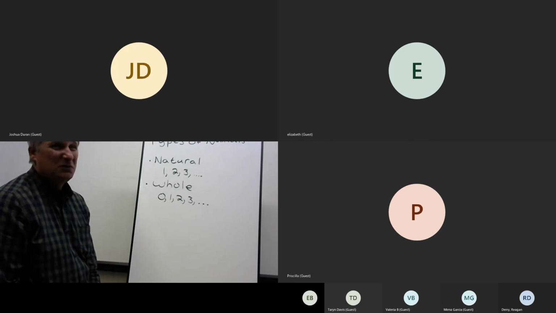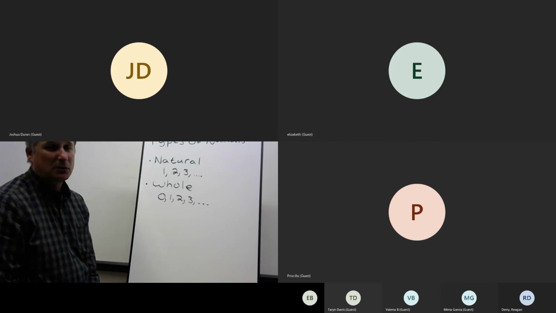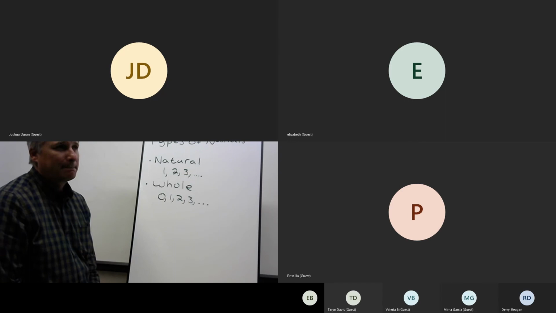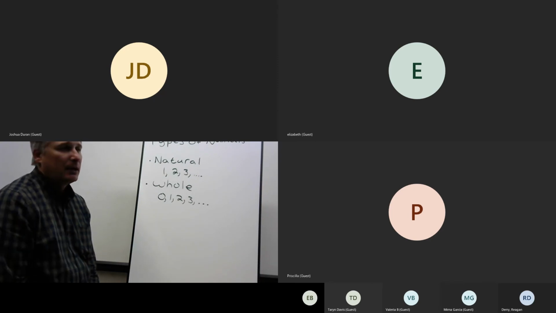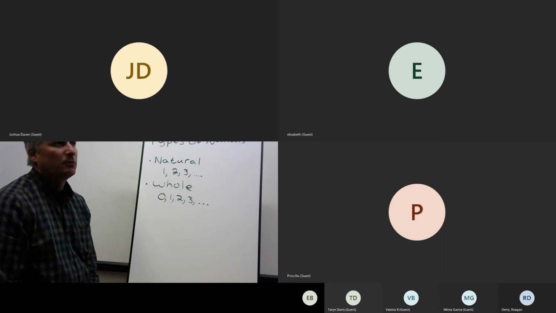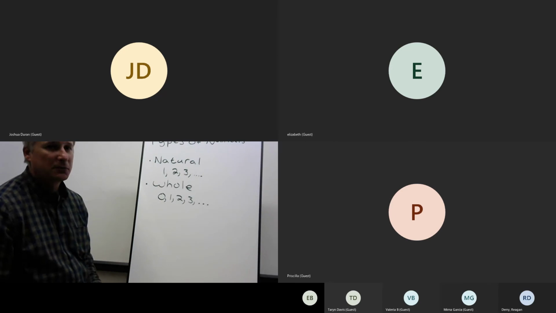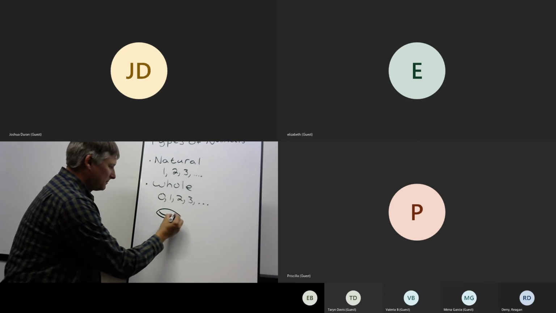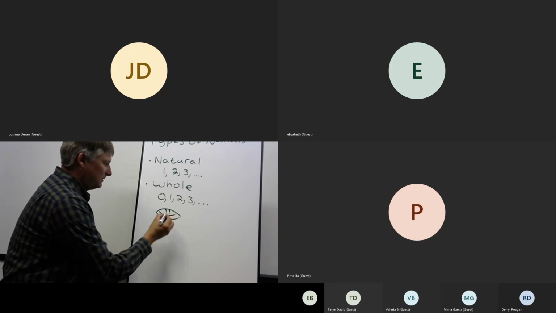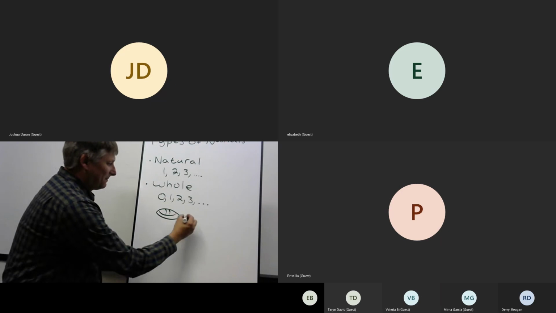Now, 0 is kind of a new thing in mathematics, to be honest. Its origins are in India, and it was independently devised in Mesoamerica. And the symbol, for example, in the Mayan society for 0, it's a shell.